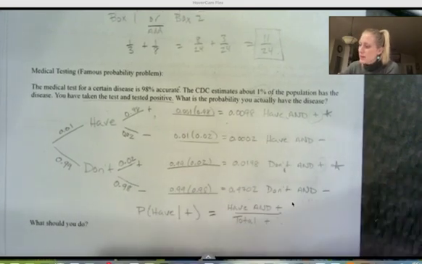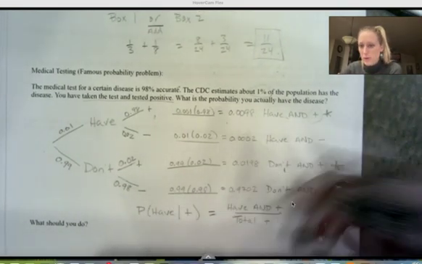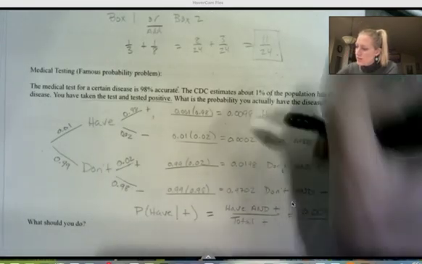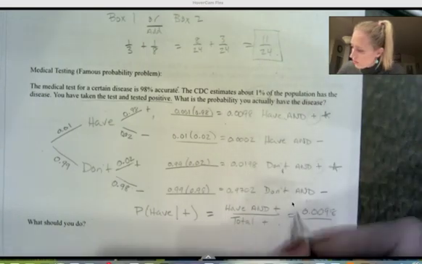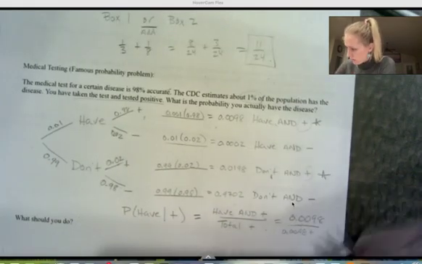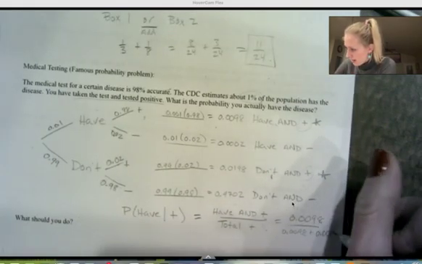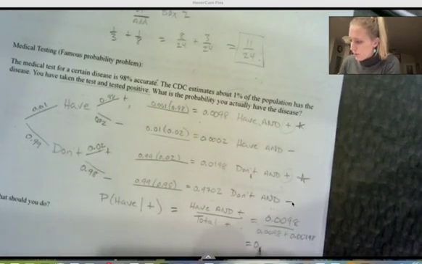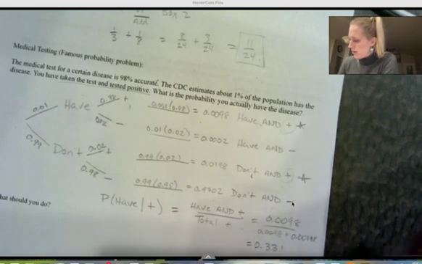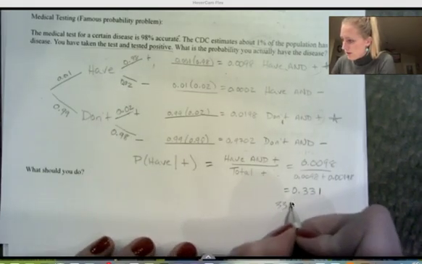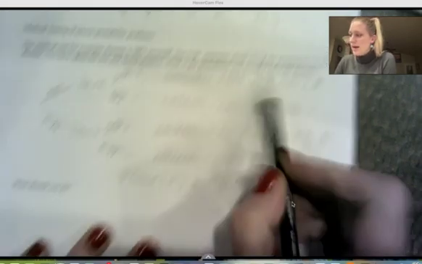Have and positive is this probability right here, 0.0098. Total positive is going to be this plus this, so 0.0098 plus 0.0198. If I divide those, we get 0.331. So that means we have a 33% chance that I actually have the disease.